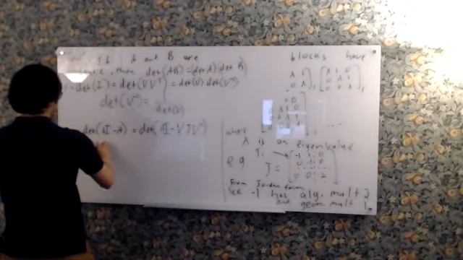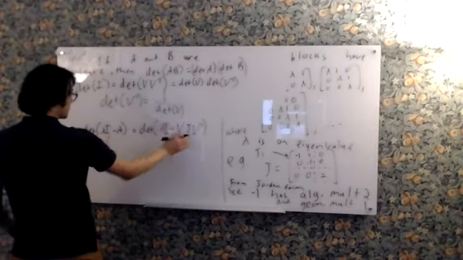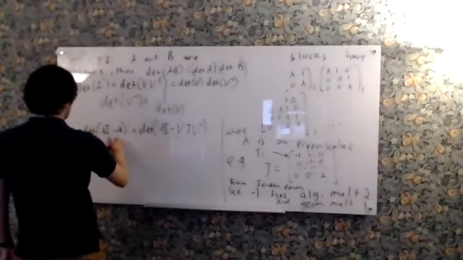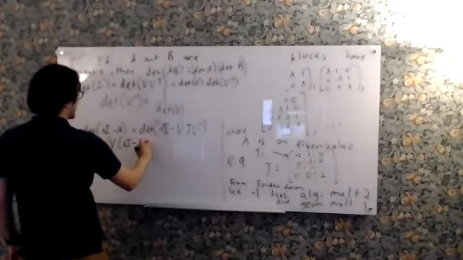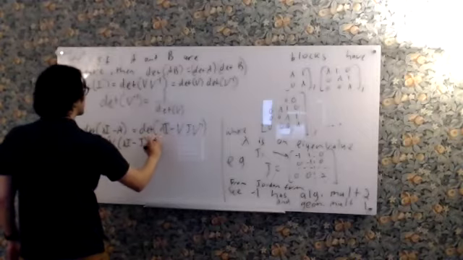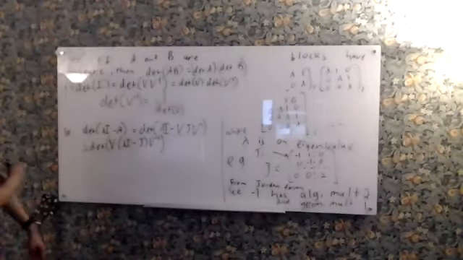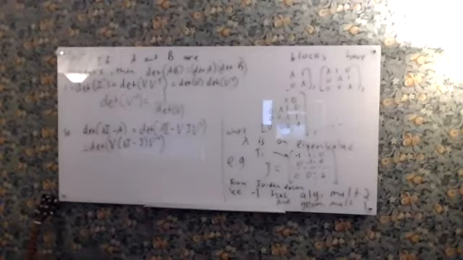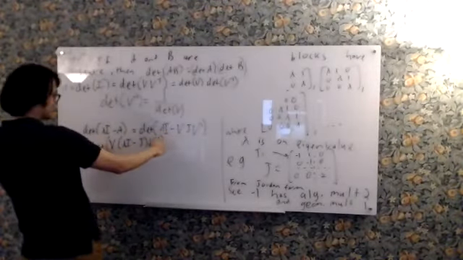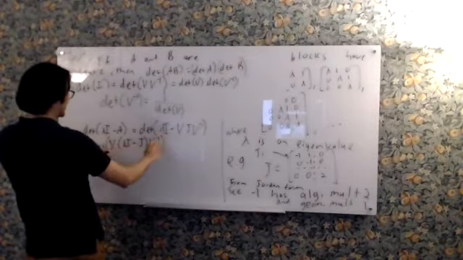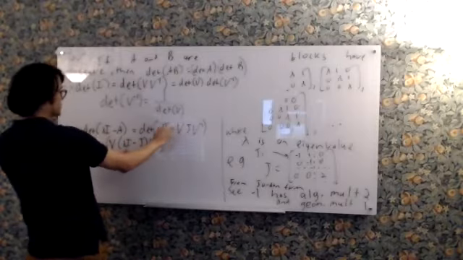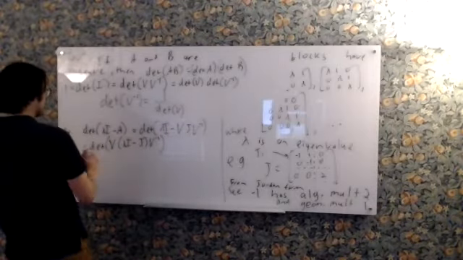So this is equal to det of V times lambda I minus J times V inverse, skipping a step slightly, but we've done this sort of analysis several times in the past. If you multiply this through, the V and the V inverse cancel out.